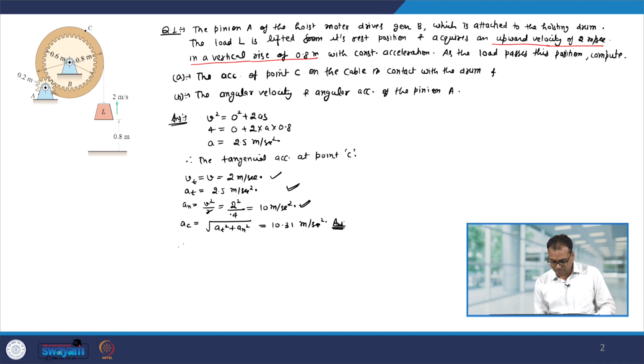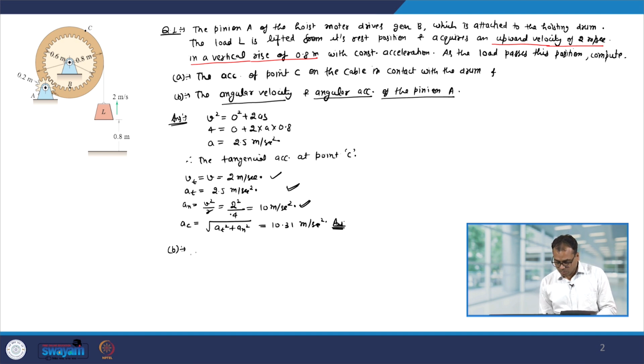Now, in part B, we have been asked to find the angular velocity and angular acceleration of the pinion A. Note that the pinion A is connected inside the gear. So, to find the velocity and acceleration, first we have to study what is happening at point B, which is inside the gear.